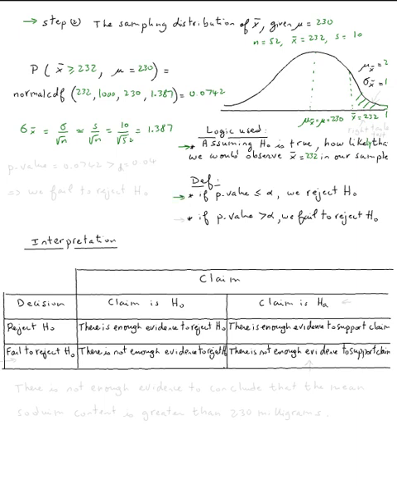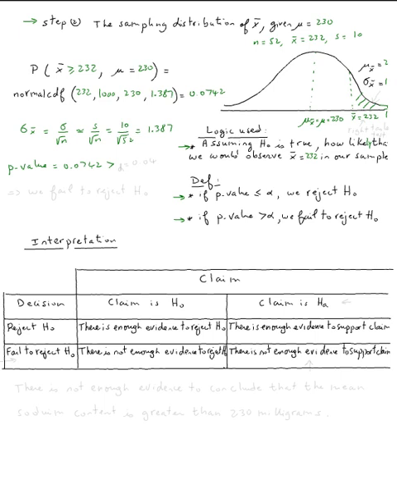Now let's look at the definition. The definition says, if the p-value, and this is the p-value, let me write it here, p-value is equal to 0.0746. According to the definition, if the p-value is less or equal than alpha, we reject H sub 0, but if it's bigger than alpha, then we fail to reject. You can tell this is bigger than alpha.